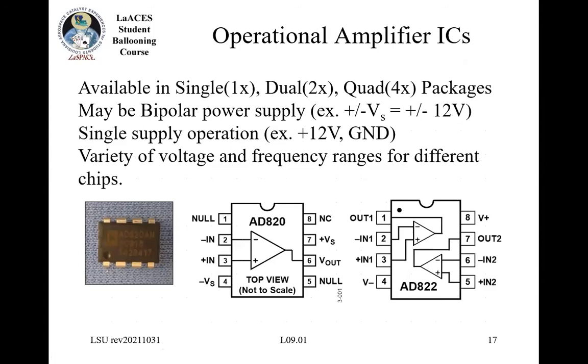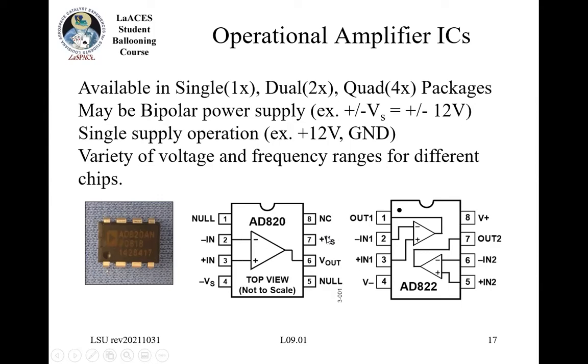So you can get, like I said, all different kinds. And in fact, you will often find integrated circuits that combine multiple op-amps into a single chip. If it only has one, it'll be a single, dual will be 2, quad will be 4. You will run into 2 power supply configurations, a bipolar power supply, where you have a positive and negative voltage at the supply pins, and that'll usually be the same.